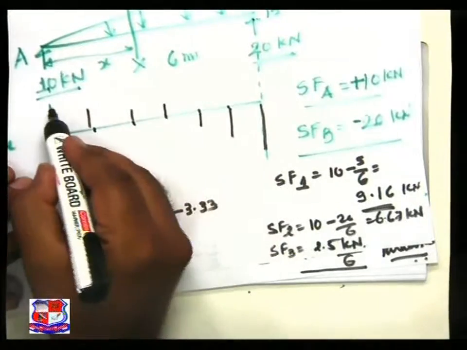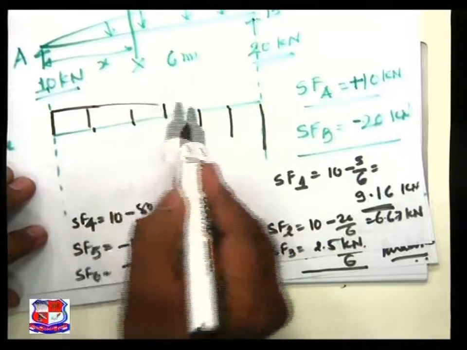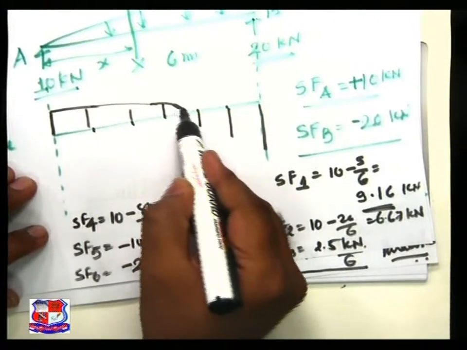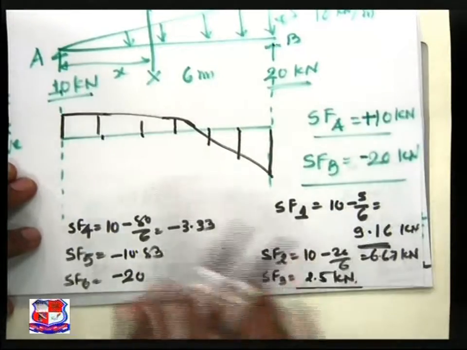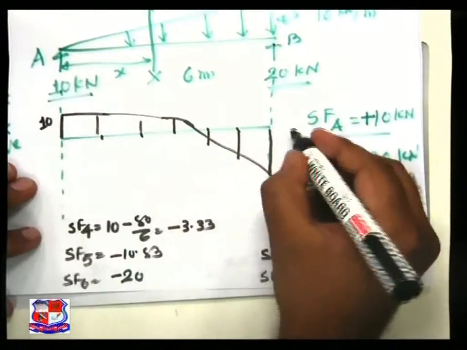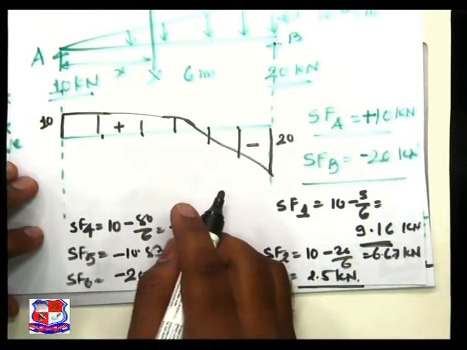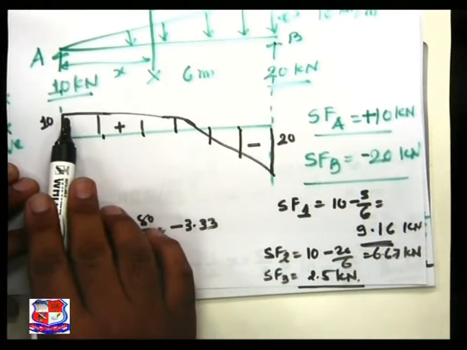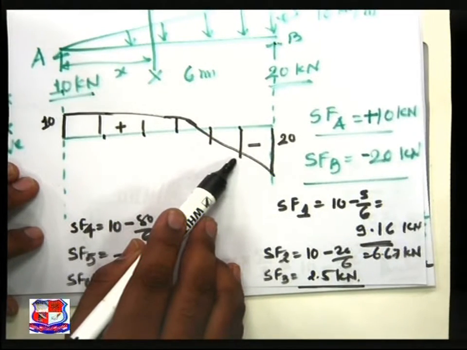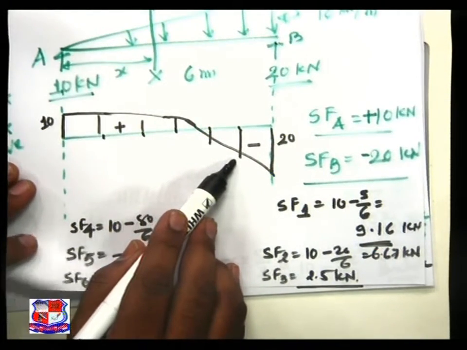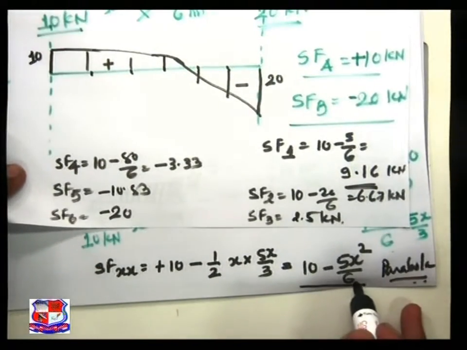Join all these points; this diagram is known as the shear force diagram, and this line is of parabolic nature. I repeat once again, this line is of parabolic nature, as this equation is the equation of a parabola.